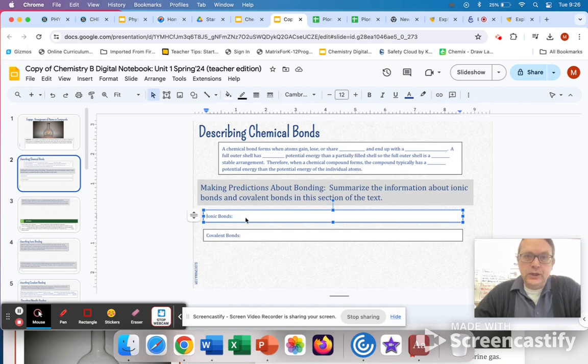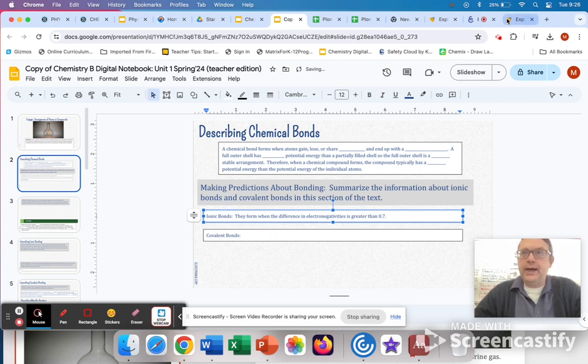They form when the difference in electronegativities is greater than 1.7.